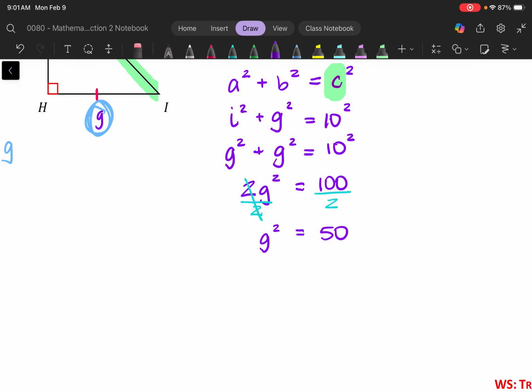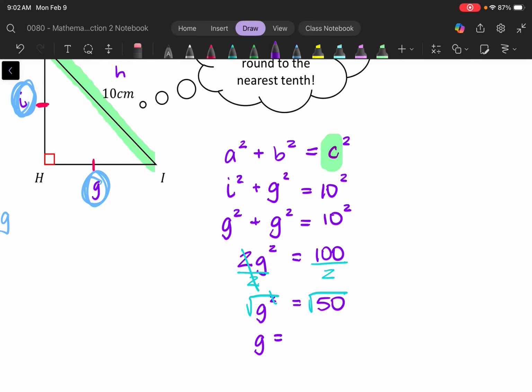The reason why we need to use a calculator in this question is because 50 is not a perfect square. So when I square root both sides to get G alone, I have to plug that into my calculator. I'd like you all to plug it into your calculator.